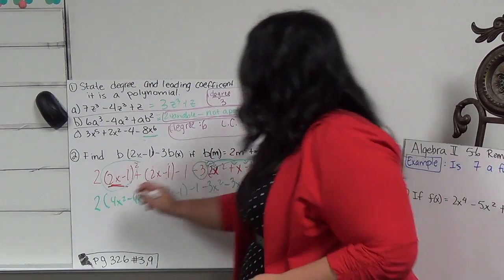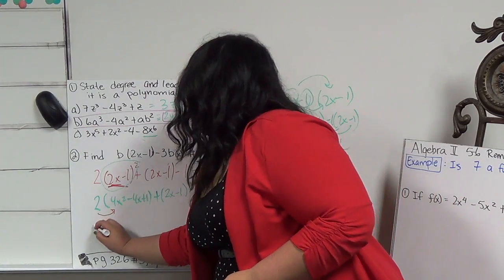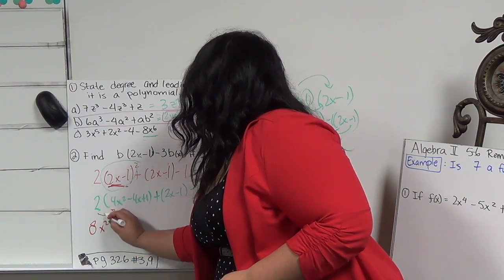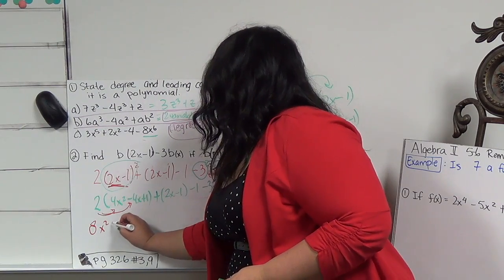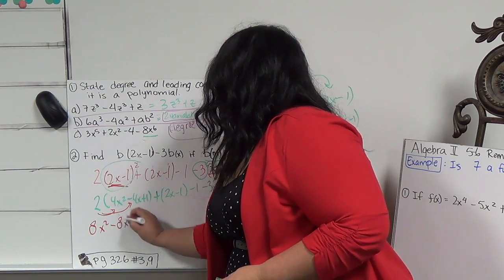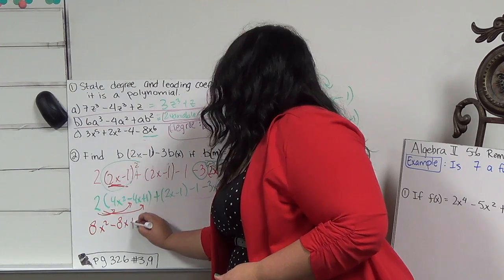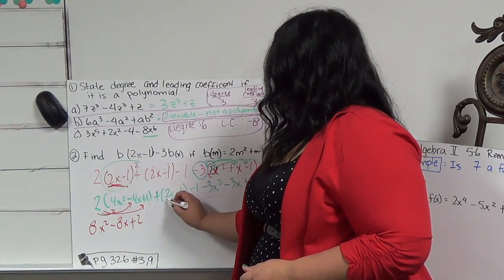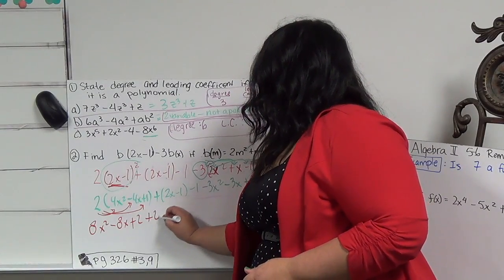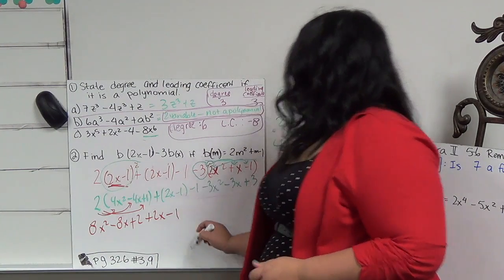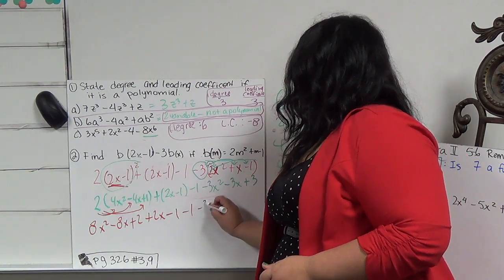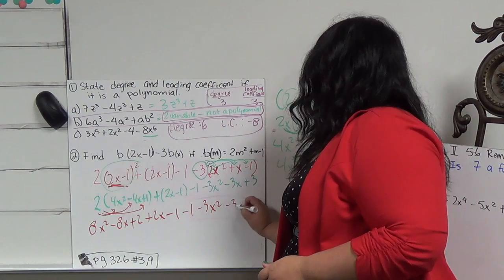Then I'm going to finish distributing this. So I end up with 8x squared minus 8x plus 2. There's nothing to distribute here, so I'm just going to carry down positive 2x minus 1. Minus 1, and I'm going to bring everything else down.